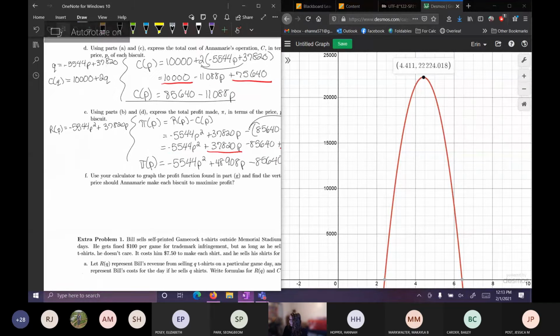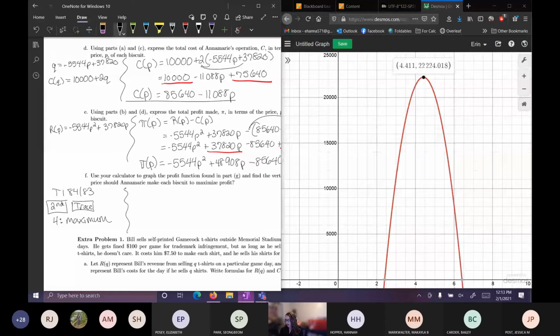With a handheld calculator, I'll remind you real quick if you don't know how to do it. If you have a handheld calculator and you have it graphed, this would be a TI-84 or 83, you would hit the second button and then the trace button, and then you would select option 4 for maximum. That's only if you can actually see the maximum.